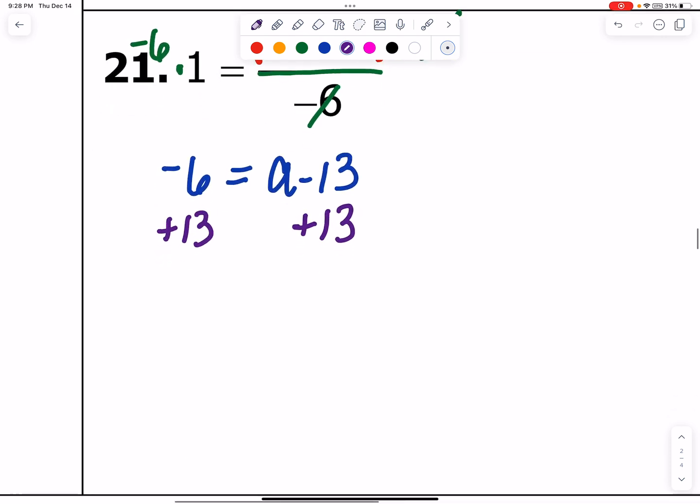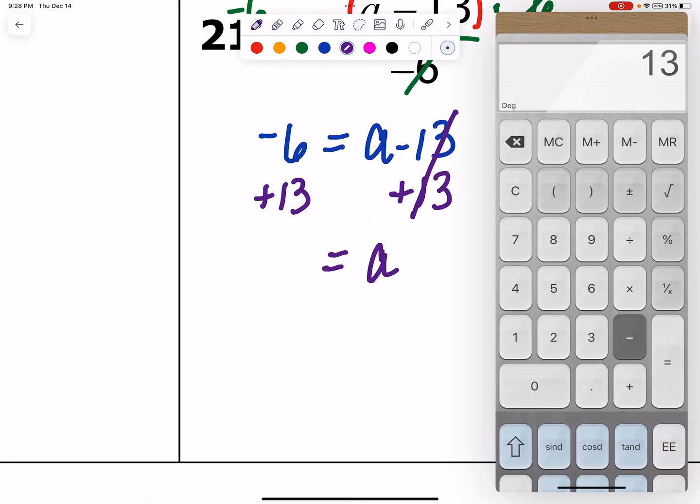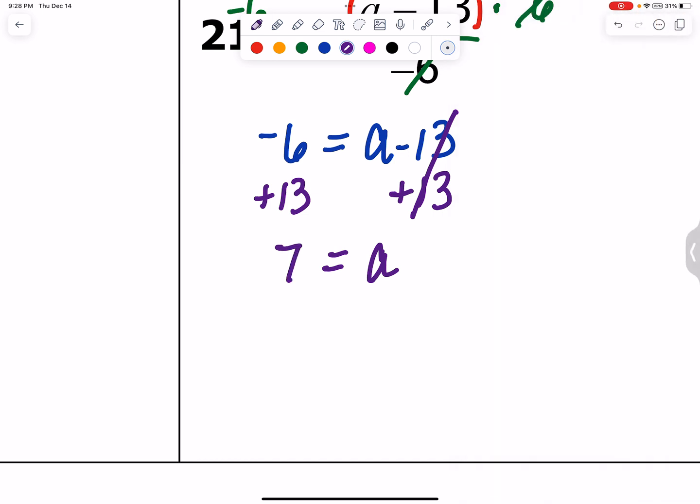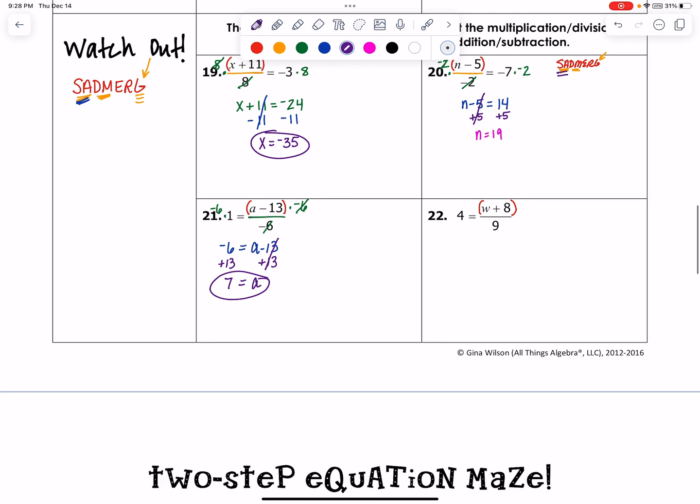I really love doing these, they're just like fun to me. And then A equals 13 and a -6. So we're doing different signs subtract. 13 minus 6 is what? 7. Keep the sign of the bigger, which is positive. So A equals 7. So check yourself and make sure you got 7 on that one.